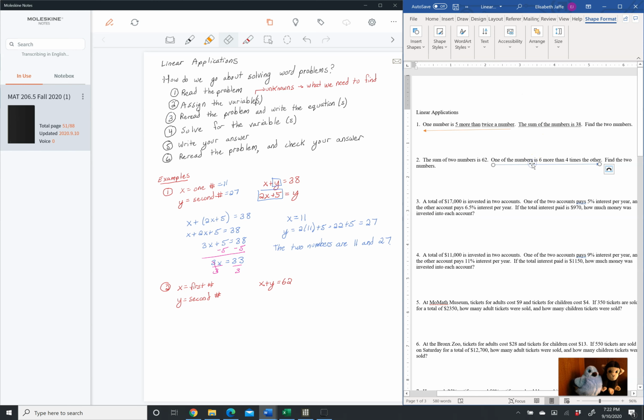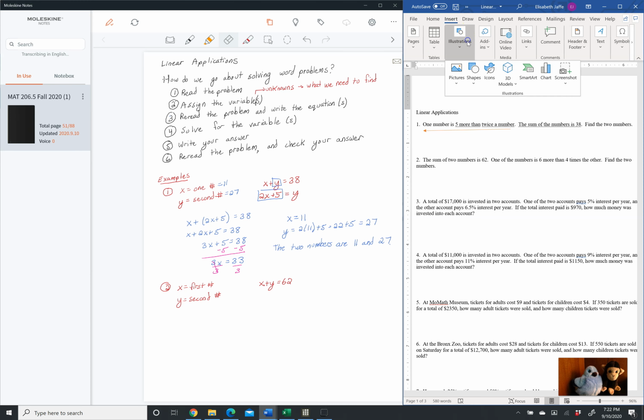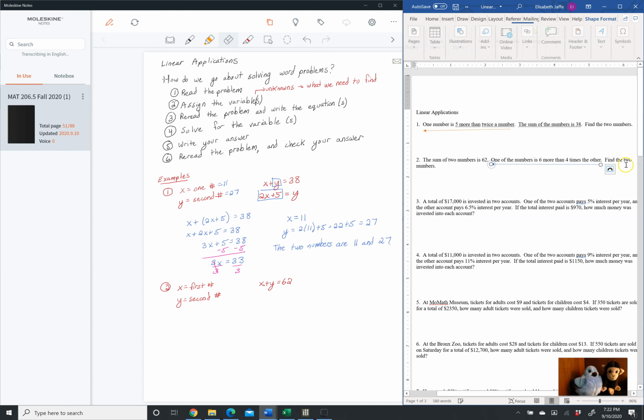Let's just redo it so that it's correct. Okay, so we go backwards. That's really the key to this sentence, is always go backwards, okay? So 4 times the other. So 4 times is multiplication, okay? So we're going to do 4. And let's use y this time.